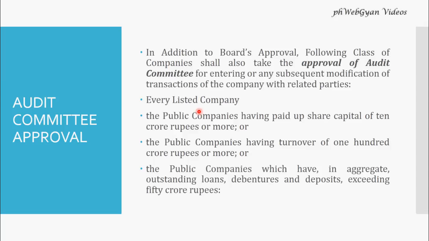So we can see only listed companies and certain public companies are required to form the audit committee, and therefore only their approval is required if such companies are entering into related party transactions. What are the transactions? We have already discussed under section 188 subsection 1. Clear? Now let us move forward.